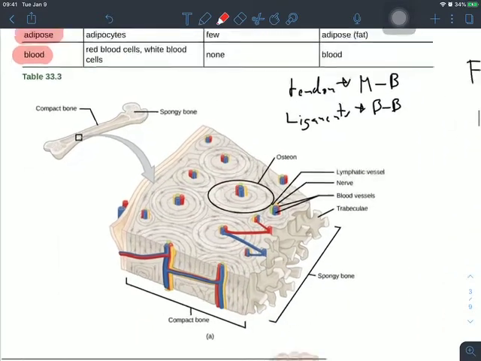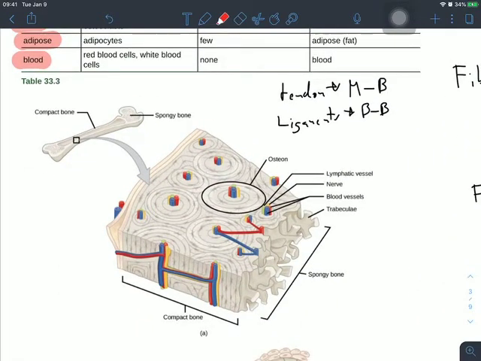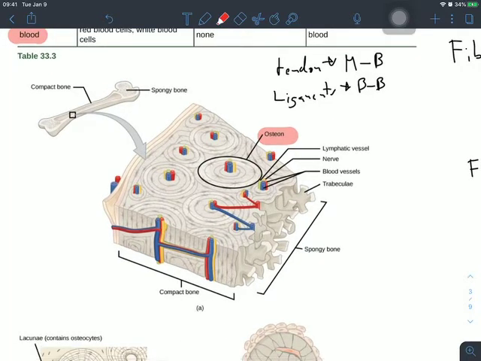So here's a quick look at a cartoon of our compact bone that we'll be looking at later under the microscope. So you see that there are actually blood vessels in each osteon of the bone, the functional unit of the bone itself. We know that the bone heals, hence why it has blood vessels, living tissue.